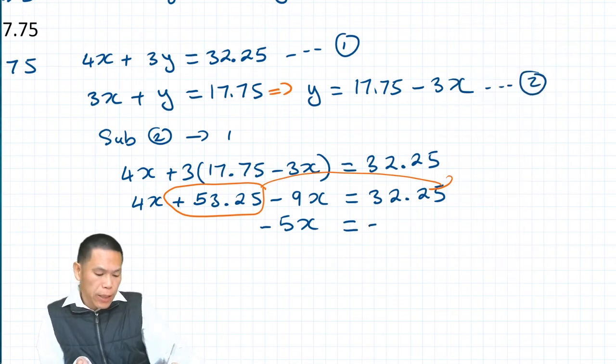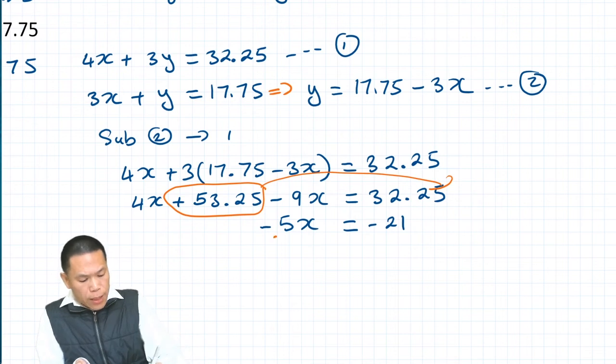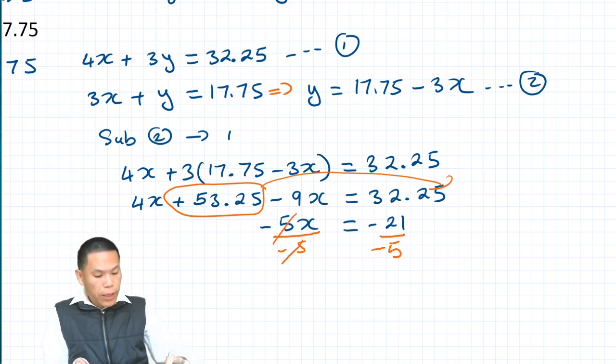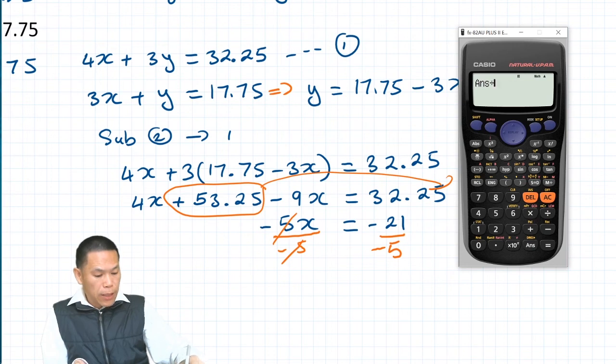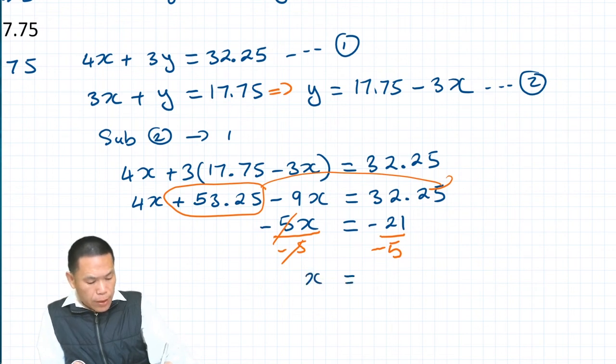So just write negative 21. Then to solve this, I divide both sides by negative 5. So that cancels out. I can just put it on a calculator. Divide by negative 5. There you go, 4.2. So x is equal to 4.2.